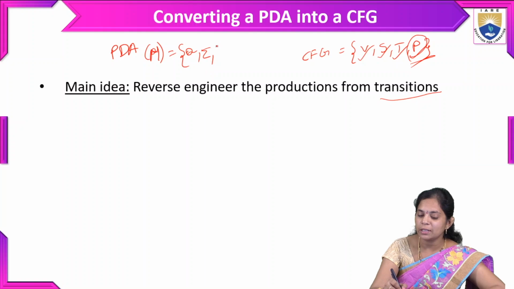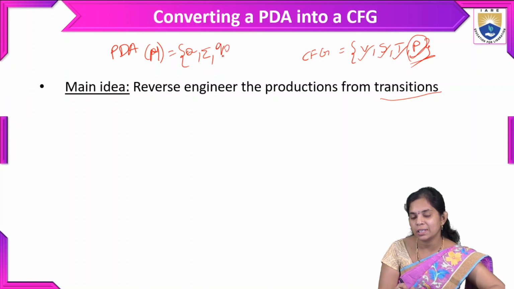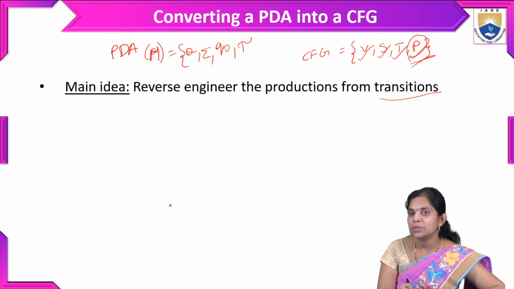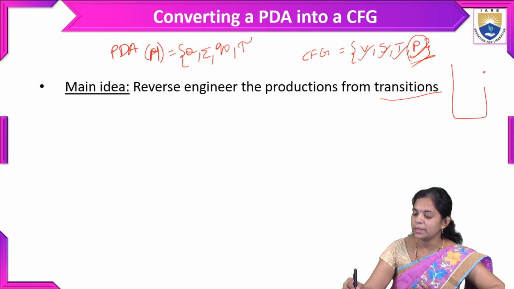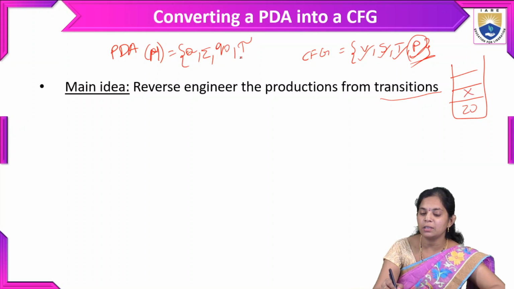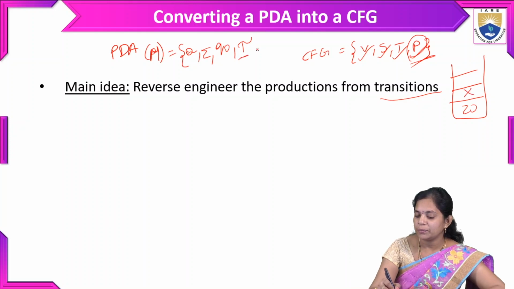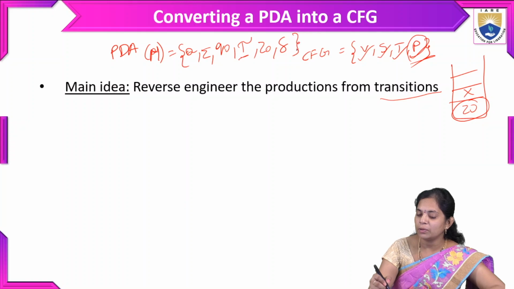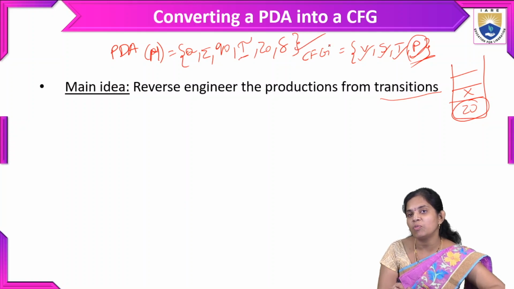And next one is Q naught. Q naught is the initial state, and tau. Tau is nothing but the symbols which are included in the stack. What are the symbols we are going to insert into the stack, those are all represented with the tau symbol. And the stack initiation symbol. So stack initiation is required, and the productions. So these are all the requirements for the construction of a PDA.